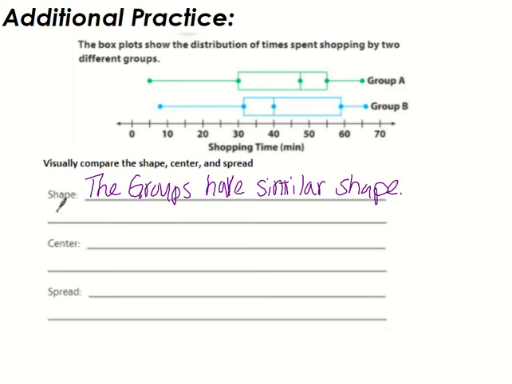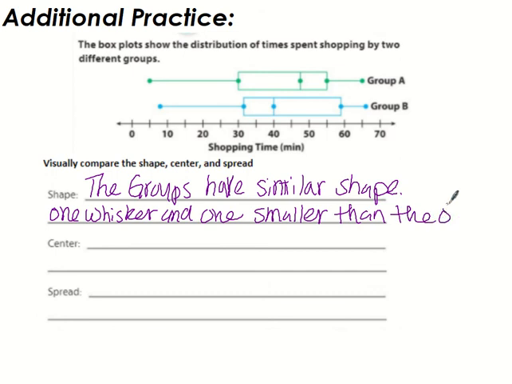We do have one whisker and one box smaller than the other. So if we look, the whiskers down here are longer than the whiskers up here. That means this data is really spread out compared to this data.